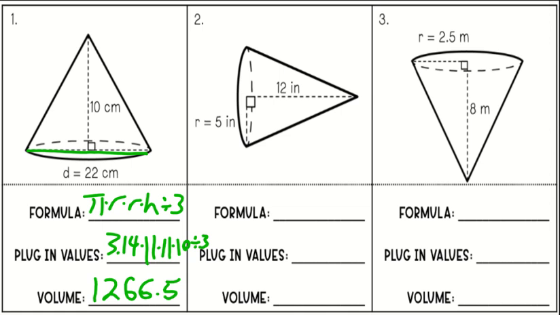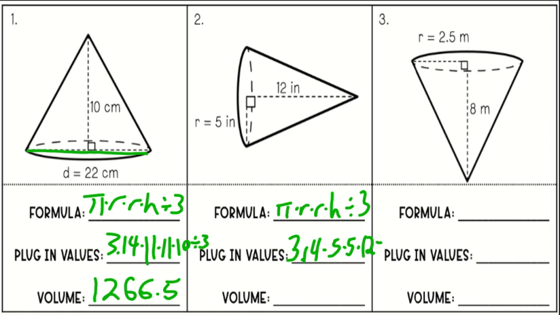All right, so if we look at number 2, same formula: pi times radius times height divided by 3. What do we use for pi? 3.14. What's my radius on the second one? 5. And the height? 12.